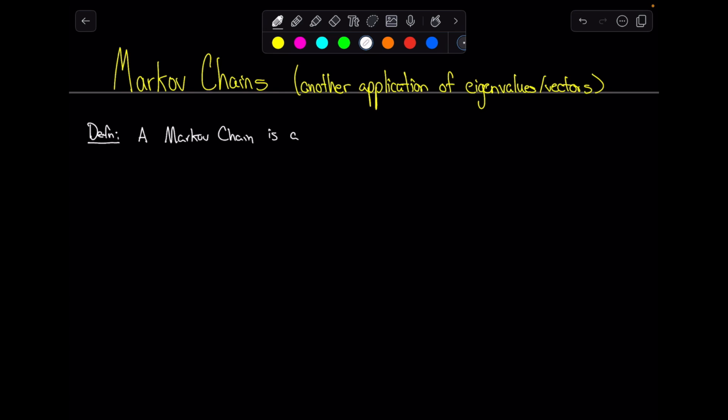is what we call a sequence of these things called probability vectors, and I'm going to define what those are too.